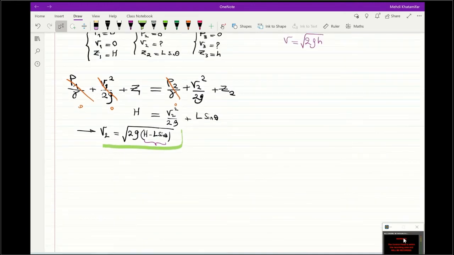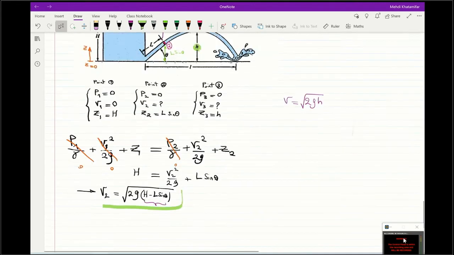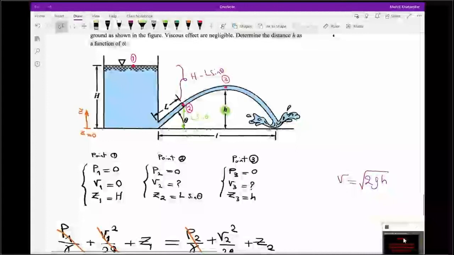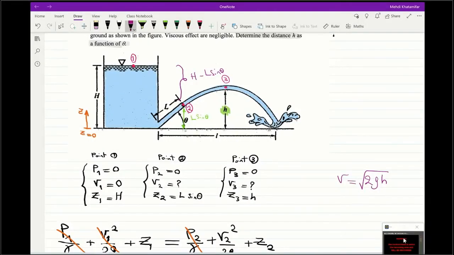I need to clear something here. When water exits point 2 and passes point 3, the velocity we have, let me draw here, so this is the velocity at point 2.